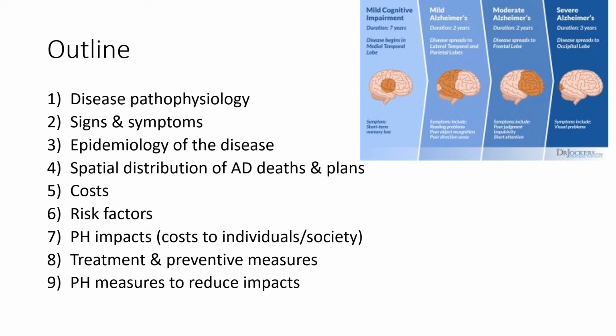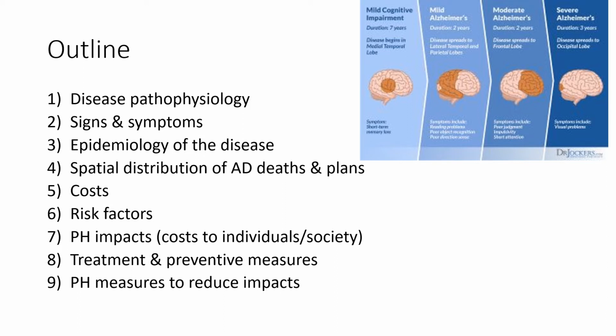And here is an outline of my presentation. I will briefly talk about the disease pathophysiology, then I will go on to talk about the signs and symptoms of Alzheimer's disease. Then I will briefly talk about the epidemiology of the disease. Then I will go on to show you the spatial distribution of Alzheimer's disease related death and the different government plans in different states.